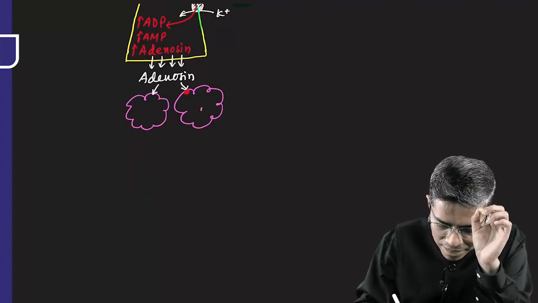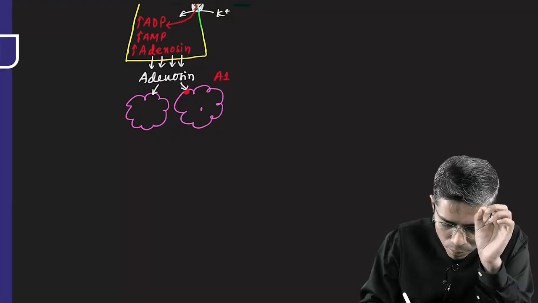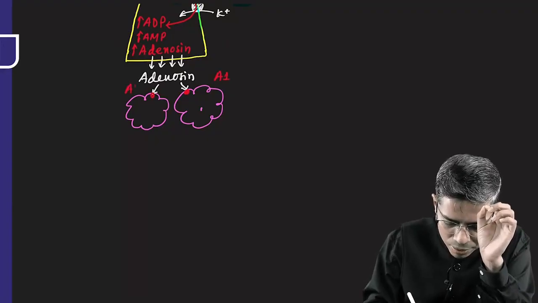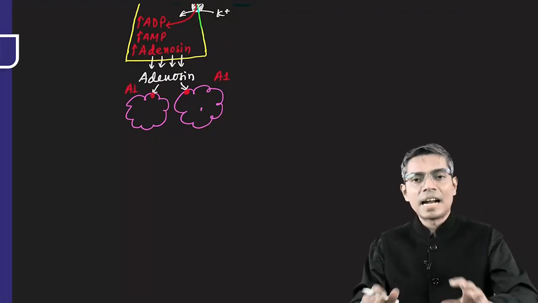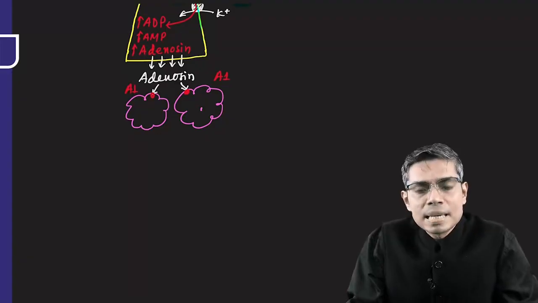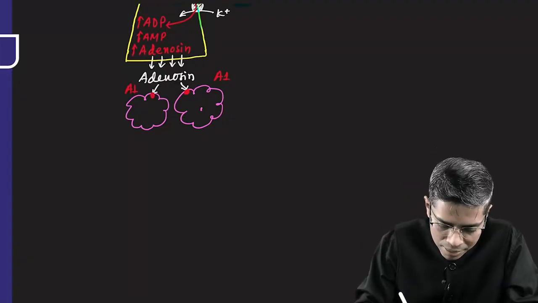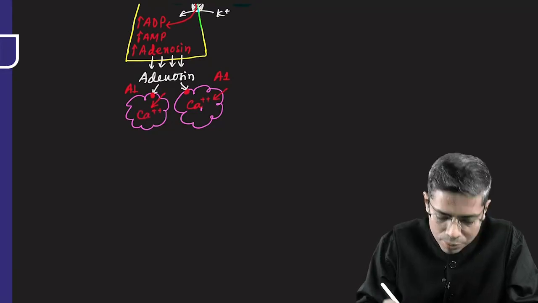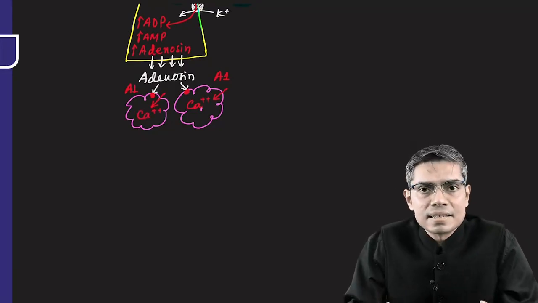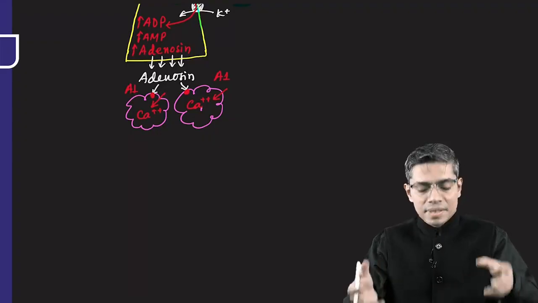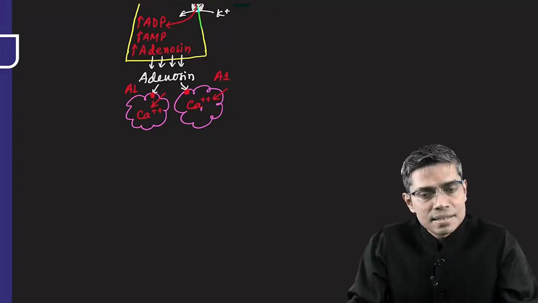The receptor is the A1 receptor. This receptor is present on this Lacis cell. Whenever adenosine is stimulating this A1 receptor, what is going to happen? There will be influx of calcium inside this Lacis cell. Calcium is entering inside this Lacis cell.